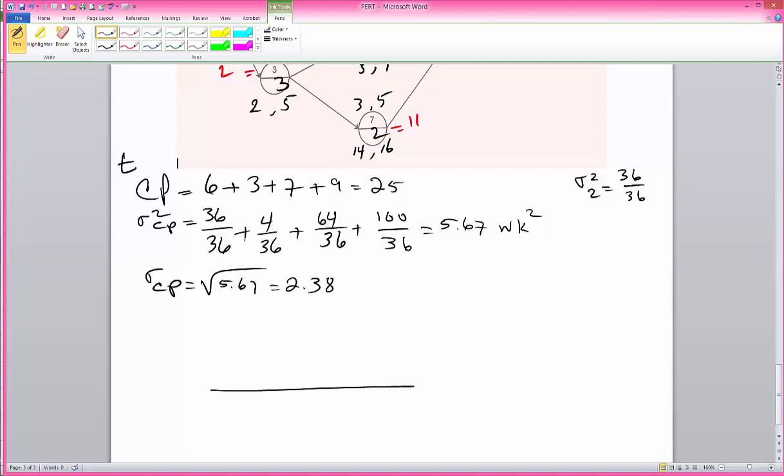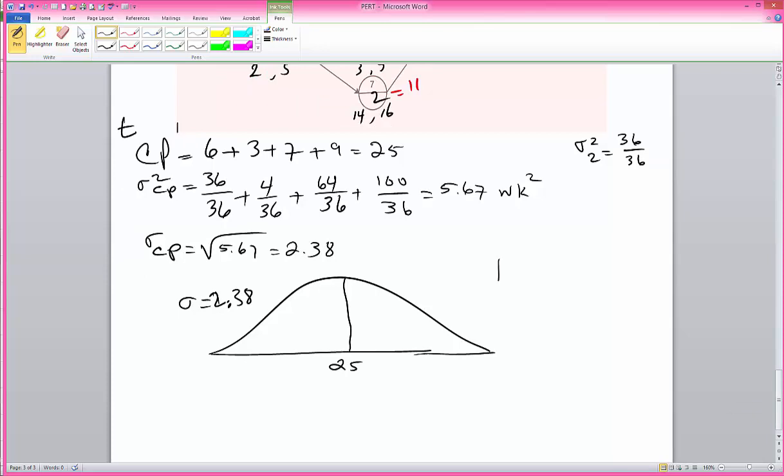So essentially, using central limit theorem, if that applies, then we're saying that this project on average takes 25 weeks to complete with a sigma of 2.38 weeks.